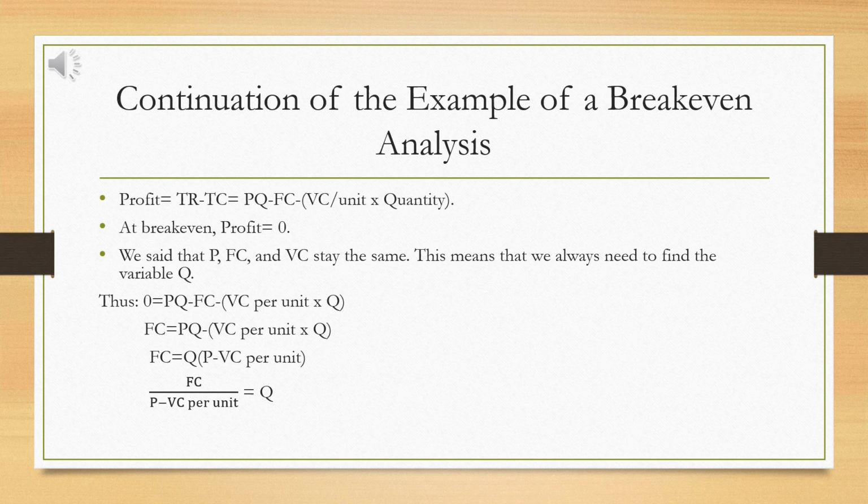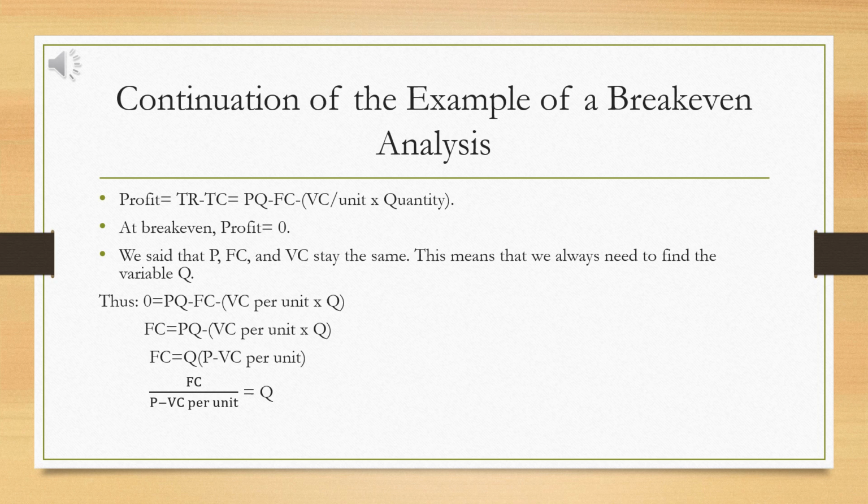To solve it, we put fixed costs on the other side, since fixed costs is the only parameter that is not dependent on Q. Thus, fixed cost equals P times Q minus variable cost per unit times Q. Solving this equation yields Q to be fixed cost over price minus variable cost per unit.